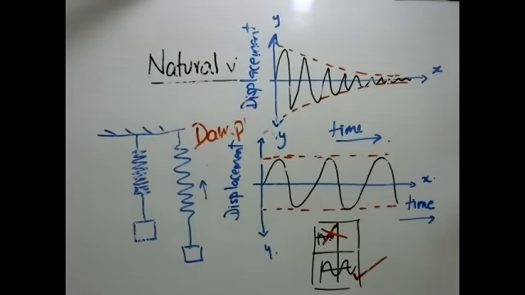Sir, are there any examples of natural vibrations in the subatomic world, or are you assuming that there might be? You see, the path of an electron around the nucleus could be looked at as something that has periodic motion.